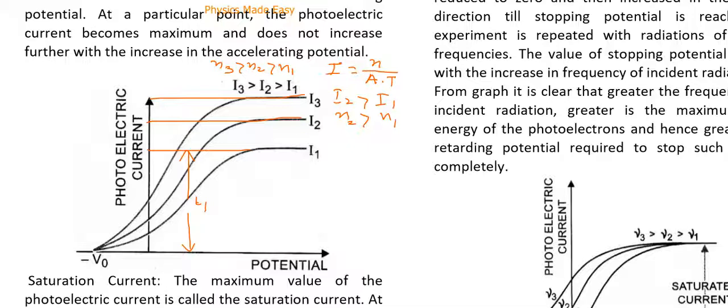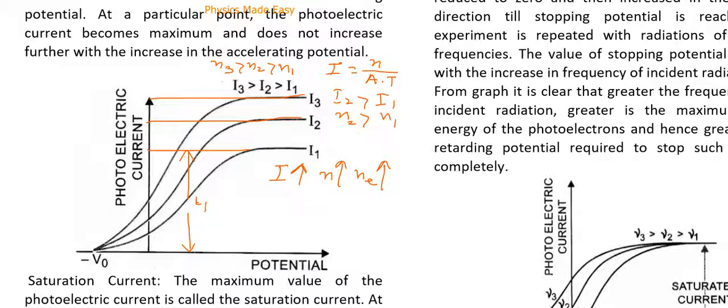If intensity increases, then the number of photons falling increases. With that, there is an increase in the number of electrons. Now I will represent this logic like this. If intensity I increases, then the number of photons falling increases, then the number of electrons emitted also increases.